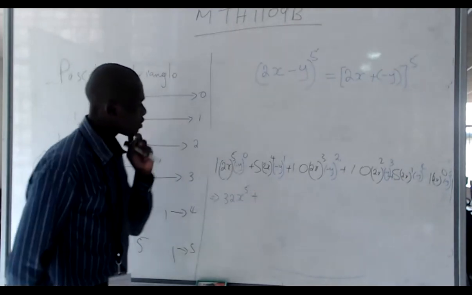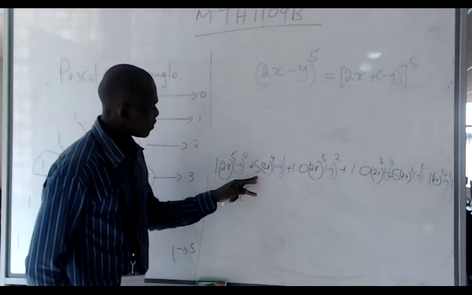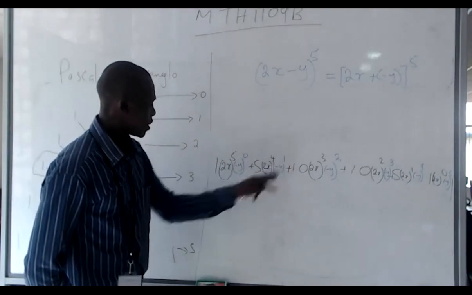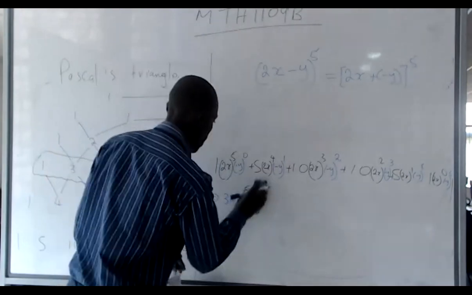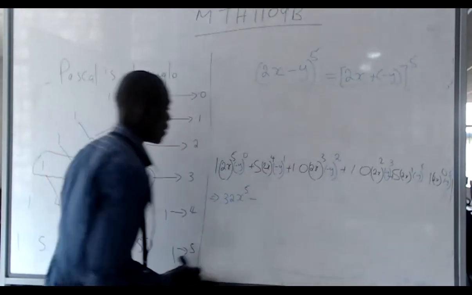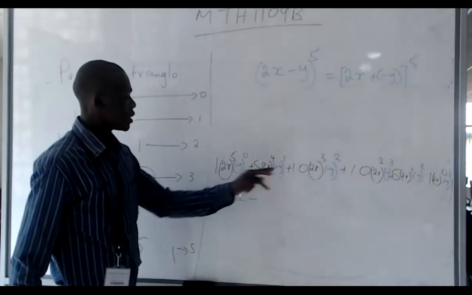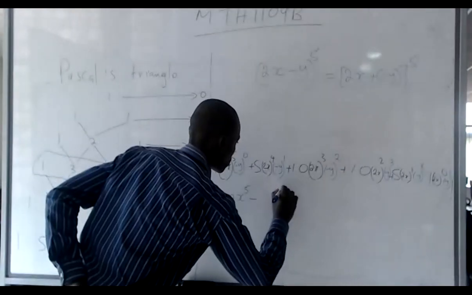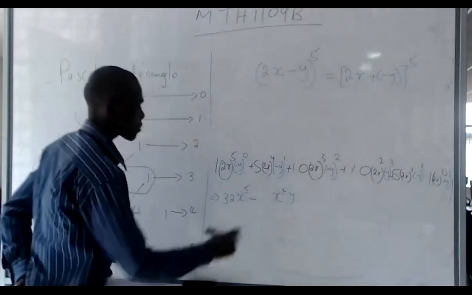Now next we have a 5, then a 2x to the power 4 and a minus y. So the overall sign here will be minus 1 because of this minus. And then, of course, you will have x to the 4 and y.